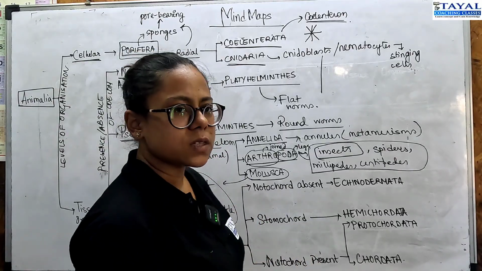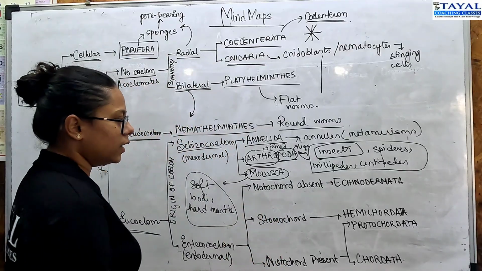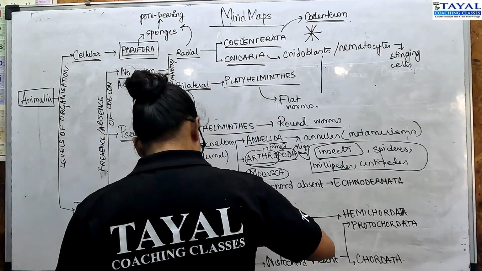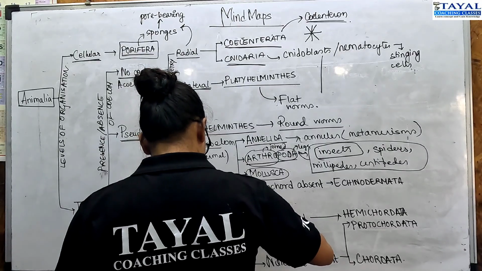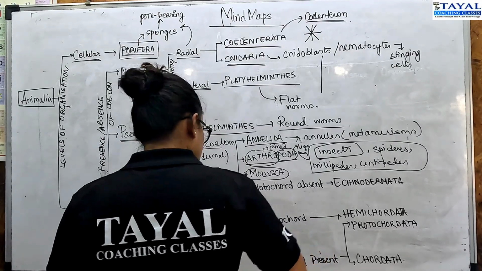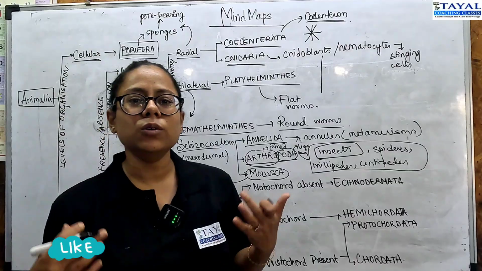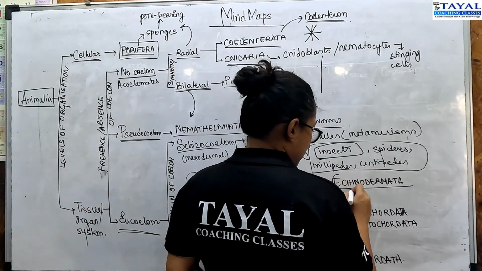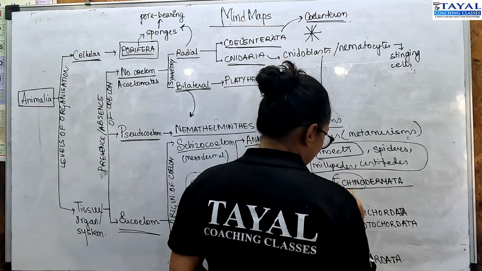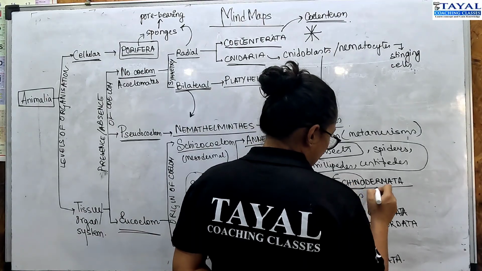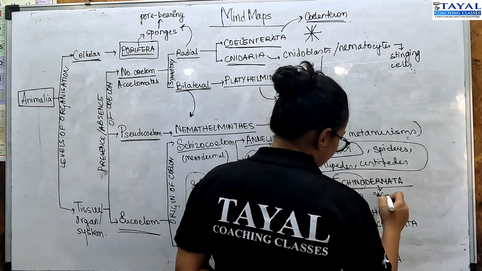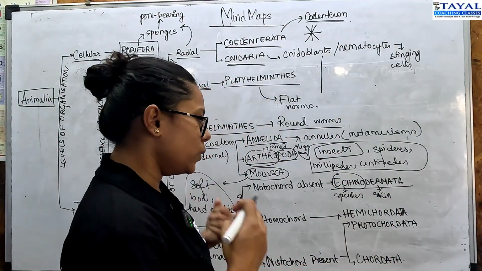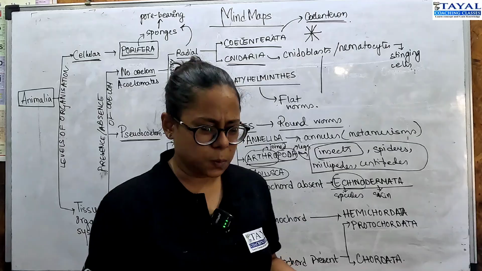Now, enterocoelomates, the highest level of coelomate classification, was further divided on the basis of absence or presence of notochord. So if notochord is found to be absent, then you have echinoderms. As the name suggests, echinos means spines or spicules and derms means skin. So their skin or their outer surface is spiculated in nature with calciferous spicules.